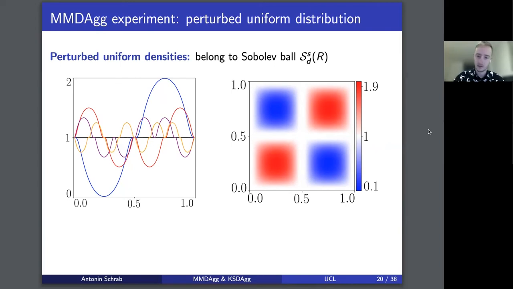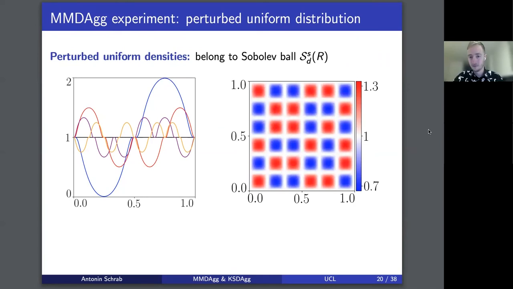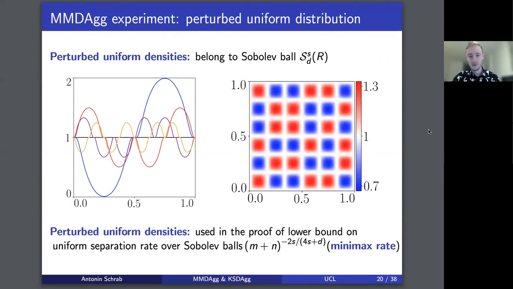On the left, it's in dimension 1. On the right, it's 1 perturbation in dimension 2. This is 2 perturbations in dimension 2. This is 3 perturbations in dimension 2. And as I mentioned before, those functions were first introduced by Butucea et al., and they are used in the proof of the Sobolev minimax rate.